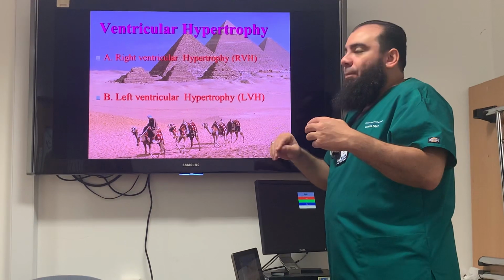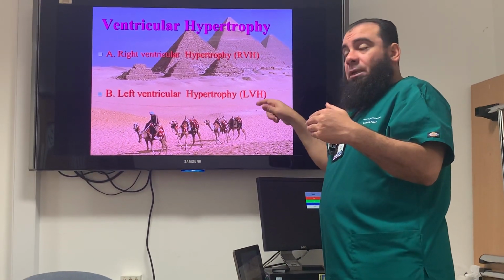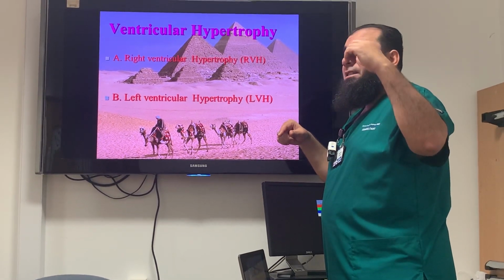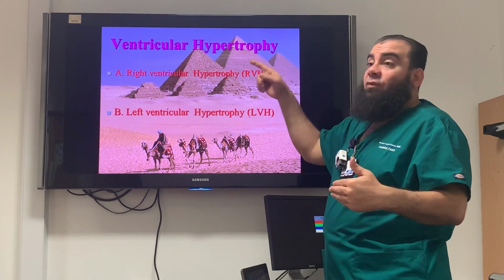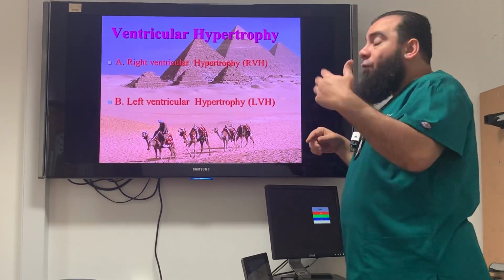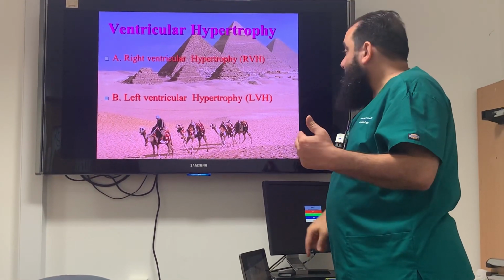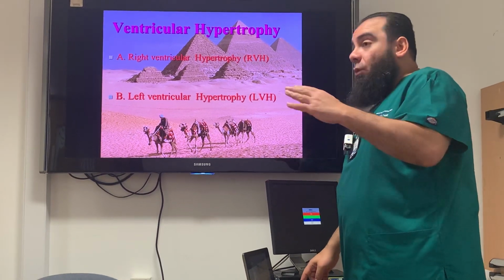Left bundle branch block, again, is an M shape in V5 and V6 with wide complex, and we have poor R progression in the chest leads, starting with a small r or no R in V1, with very poor progression until V4, confusing us with MI. Okay? And again, an R wave in lead 1 and AVL you can find as well.